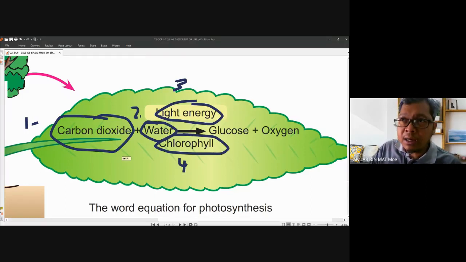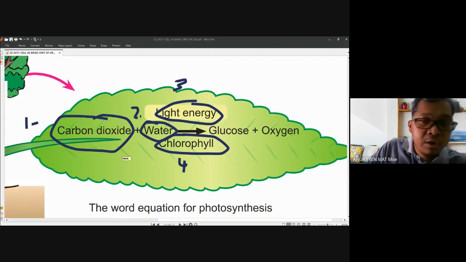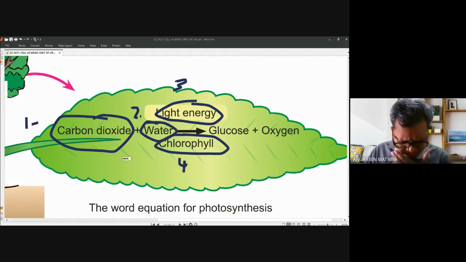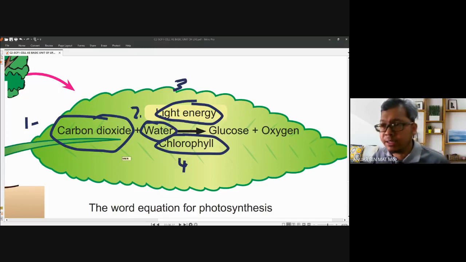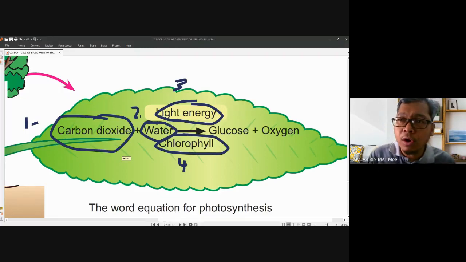The plant gets carbon dioxide from the air, because air is a mixture. The composition of air consists of many types of gases. We need oxygen in order to do respiration, but photosynthesis in plants requires carbon dioxide. The plant also obtains carbon dioxide from the air because we also breathe out carbon dioxide, right?